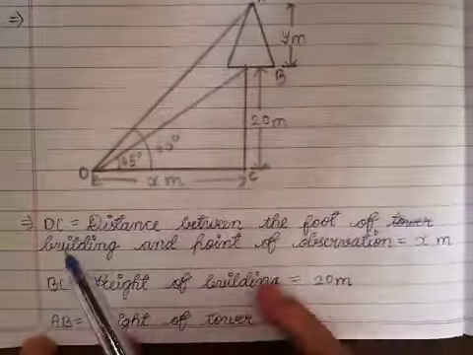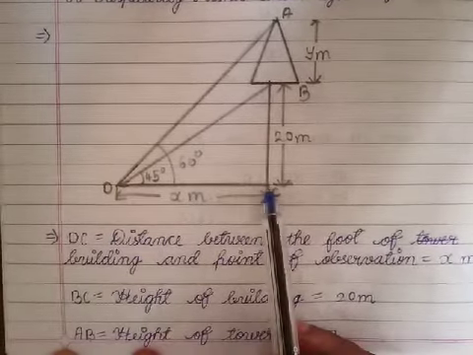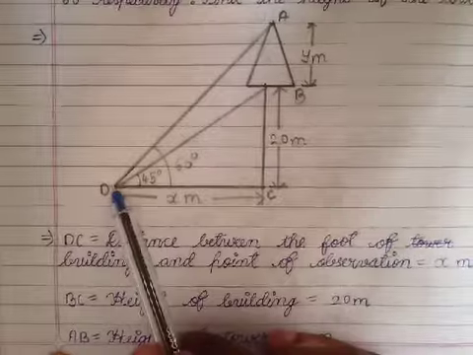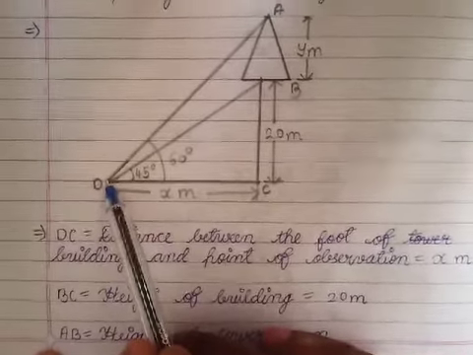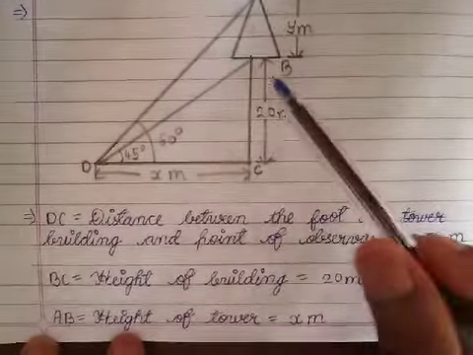What is DC? DC is the distance between the foot of the building and the point of observation on the ground. Let it be x meters. BC is the height of the building, which is 20 meters, and AB is the height of the tower, which is y meters.